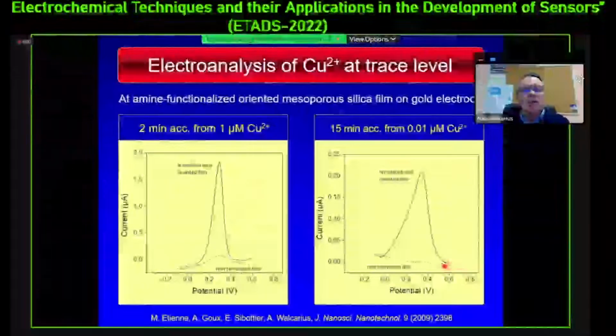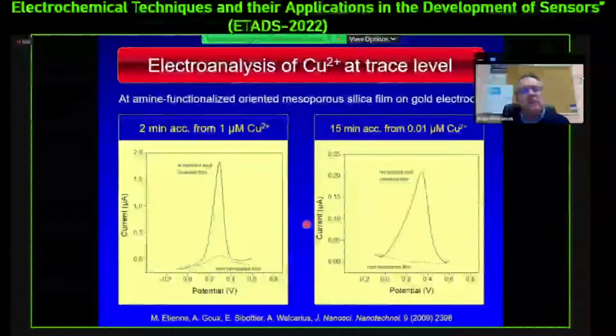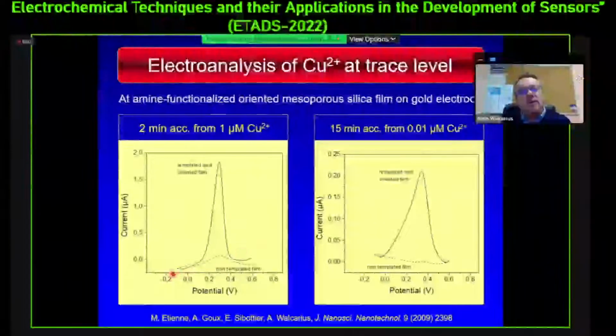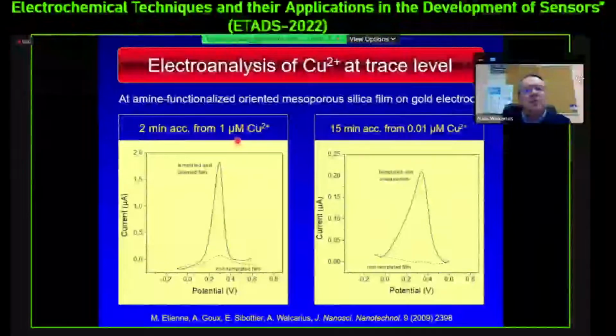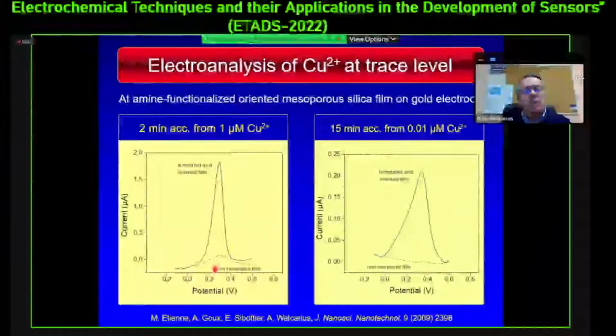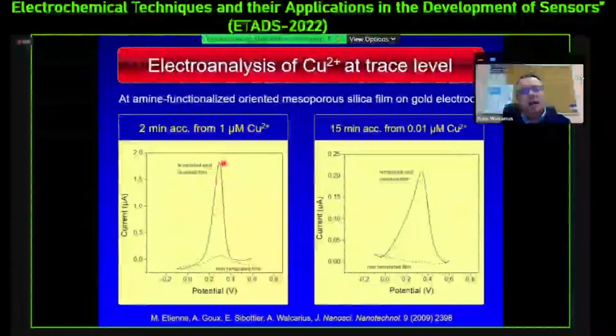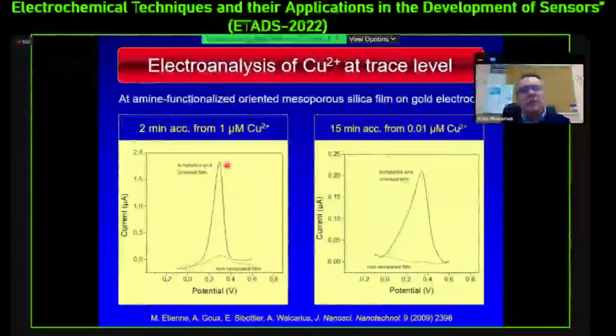We can also apply this for trace analysis. And if you compare the response of non-templated films and a templated one, for the analysis of 1 micromolar of copper, you observe an increase of intensity by 1 order of magnitude.